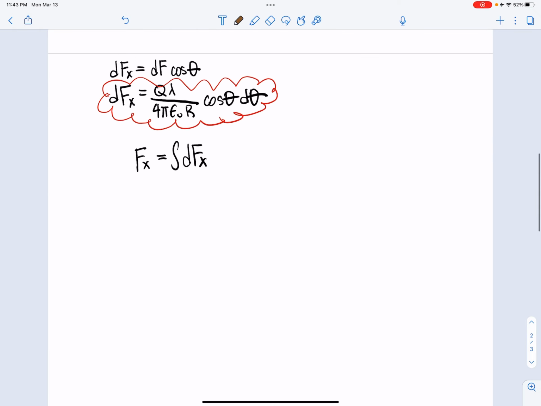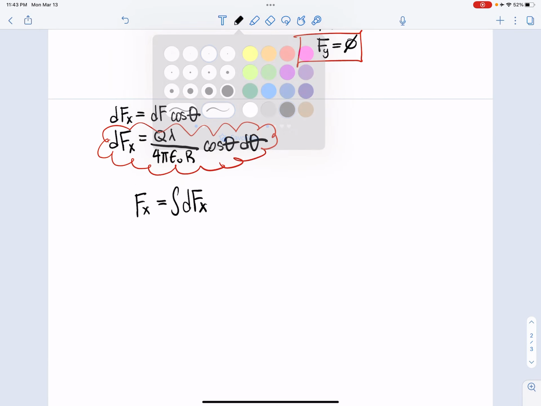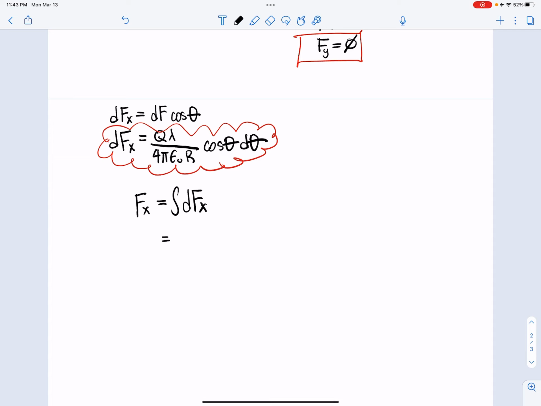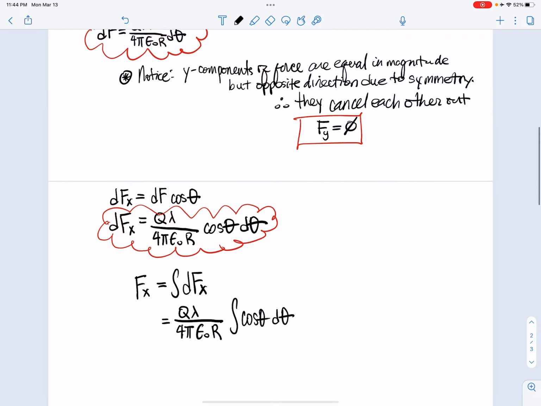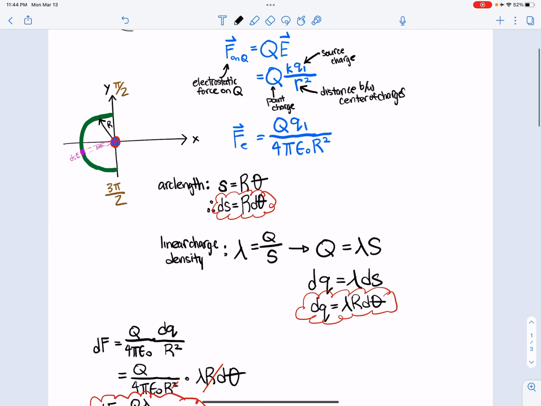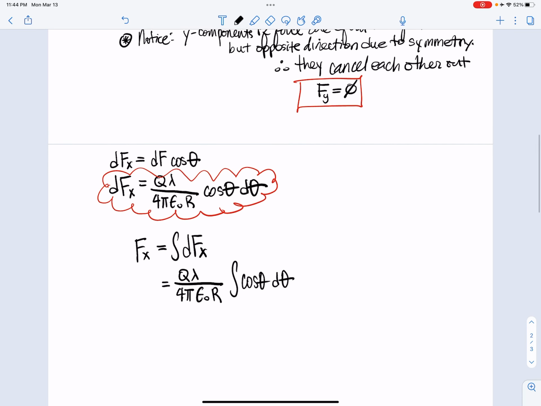So I will say that this is equal to, and I'm going to take the constants of dFx outside of the integral to make it easier on myself, q lambda over 4 pi epsilon naught r times the integral of cosine theta d theta from, let's say, 3 pi over 2 to pi over 2. Okay, since that's the angles. So from 3 pi over 2 to pi over 2.